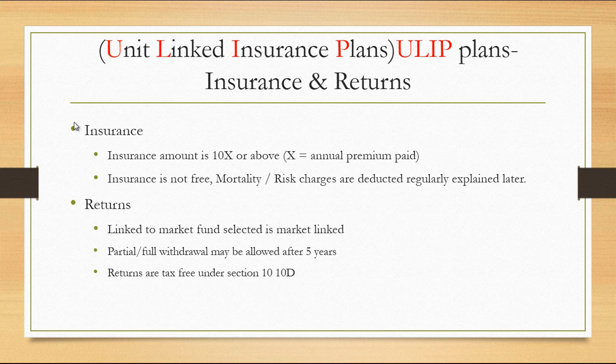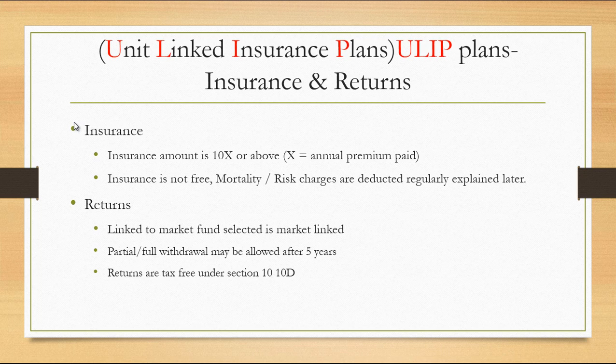But there is a lower limit below which we cannot reduce our insurance, that is 10 times the annual premium paid. And one more thing that is a general misconception of people buying a ULIP plan is that the insurance we are getting is free.